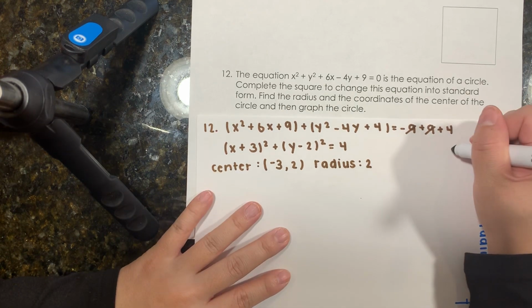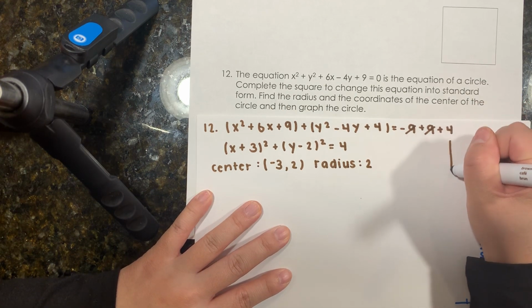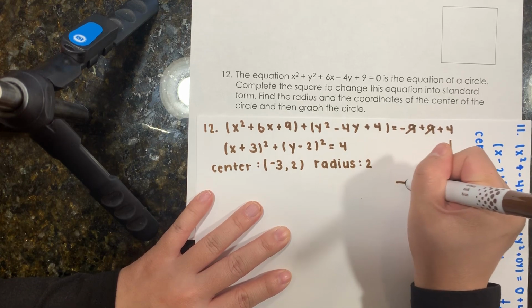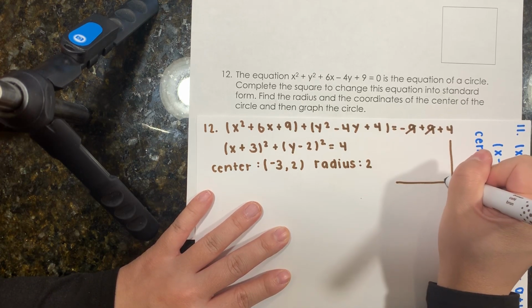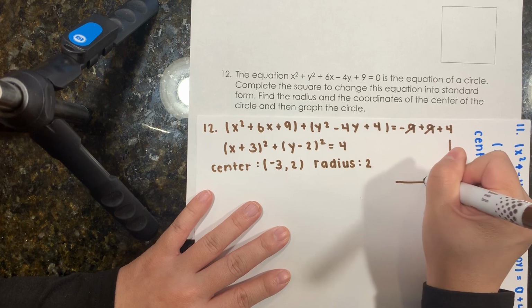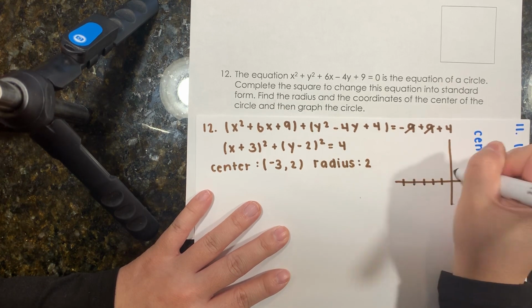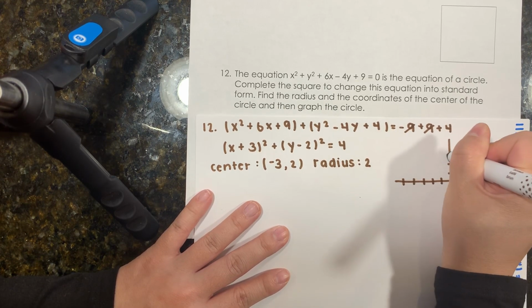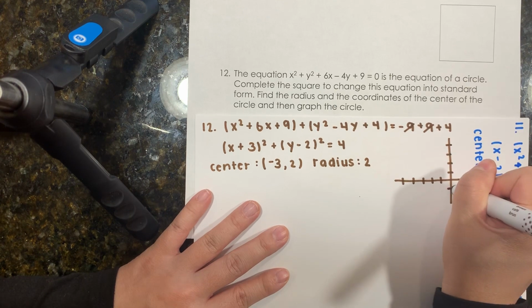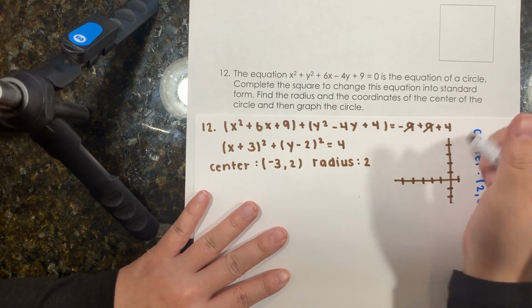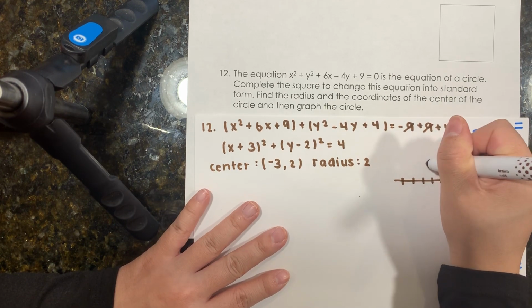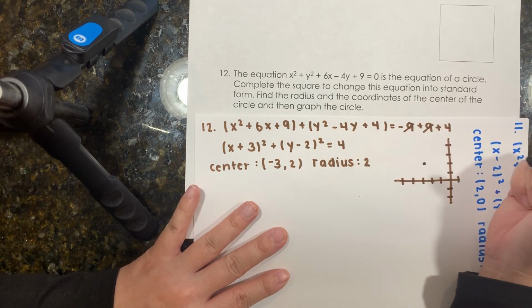So now what I'm going to do is graph this. So I'm going to do 1, 2, 3, 4, 5. 1, 2, 3. So I'm going to go negative 3, up 2, which is the coordinate of the center of my circle.